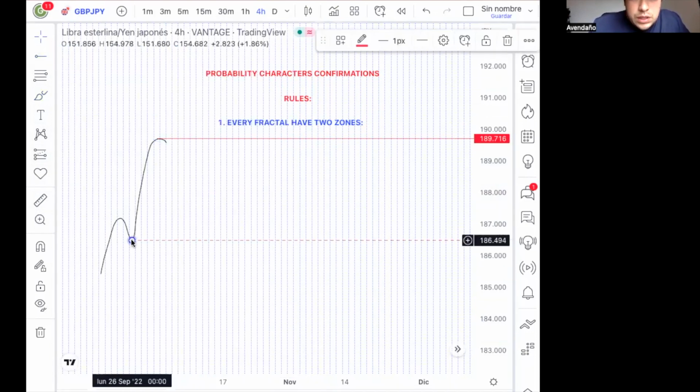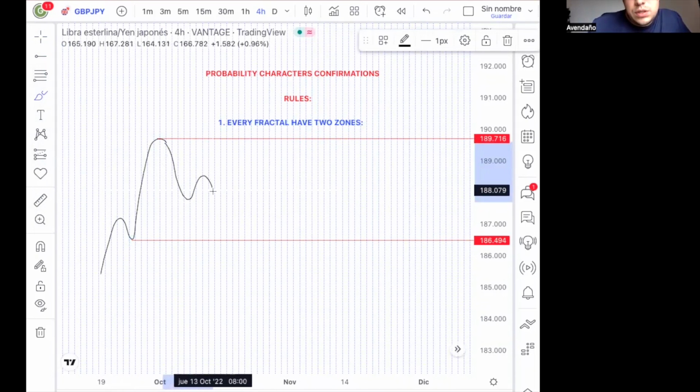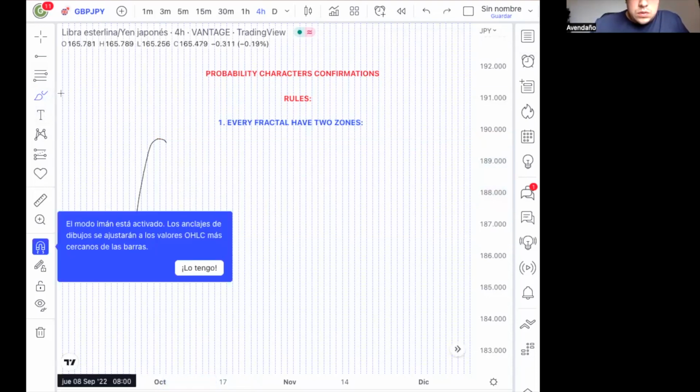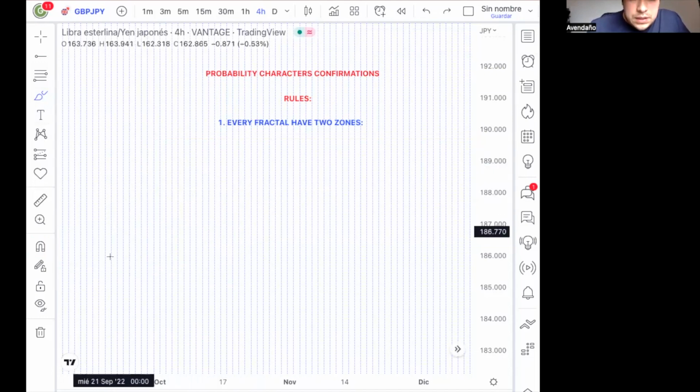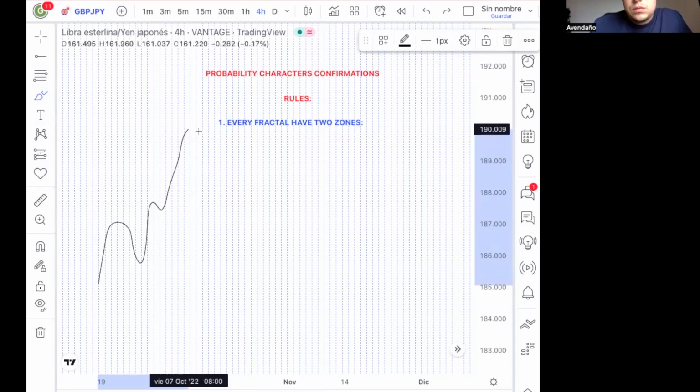This is our operative range. What we will see is that every fractal has two specific zones. Let's say the price is here, and let's say this was not that fast. Let's make it again. Right here, and right here, and right here.